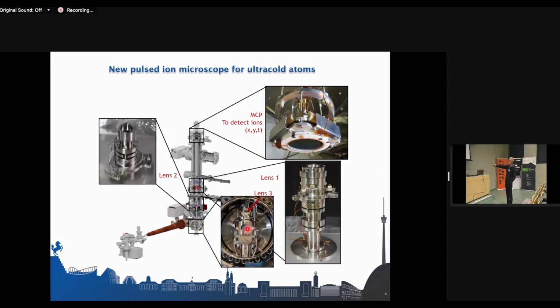So the cold atoms are going to sit in this place here, and the three lenses are built such that we can magnify anything that happens in real space in this cloud of atoms by a factor of 1,500. Together with the spatial resolution of this MCP, this results in a spatial resolution of 200 nanometers or better. So it's better than an optical microscope, for example.